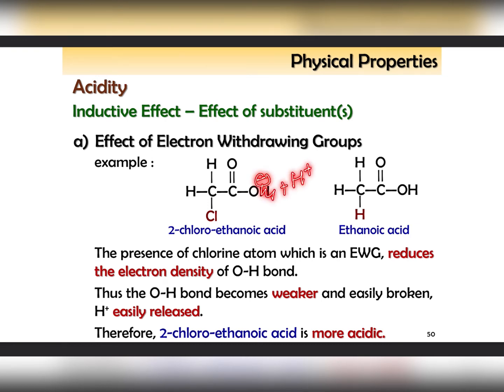Okay, so you will form a stable carboxylate ion compared to ethanoic acid yang tak ada electron withdrawing group. Okay, so bila OH bond will become easier to be broken, kamu akan release more H plus ion. It will make 2-chloroethanoic acid more acidic compared to ethanoic acid.